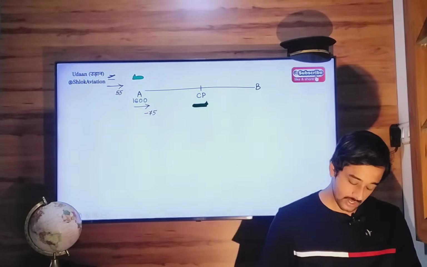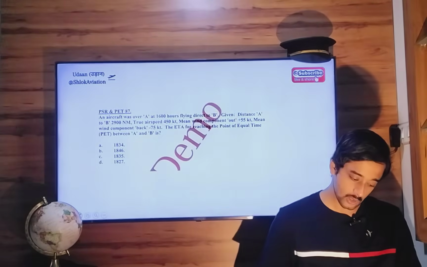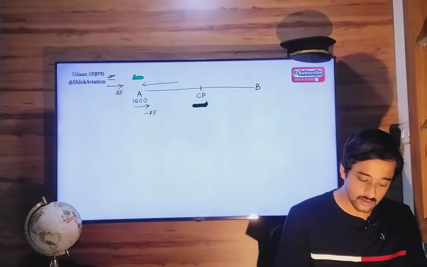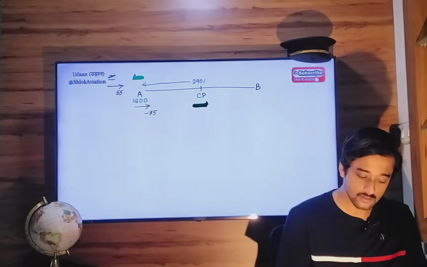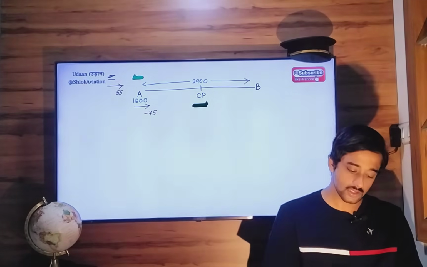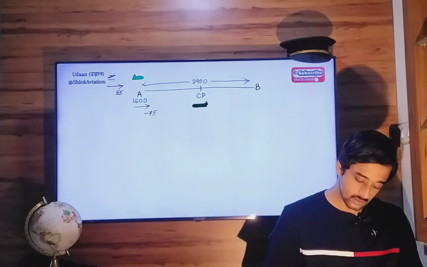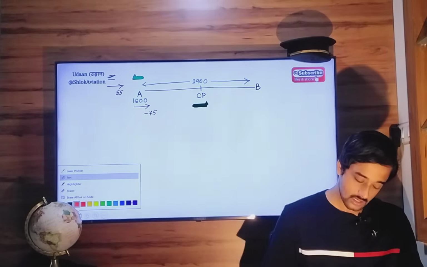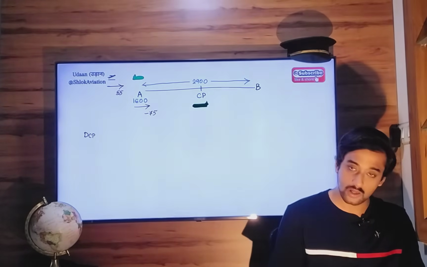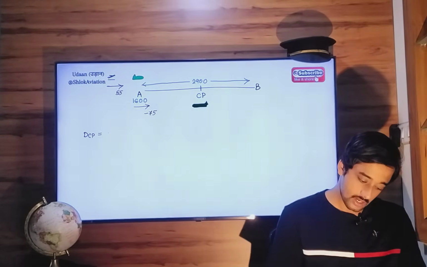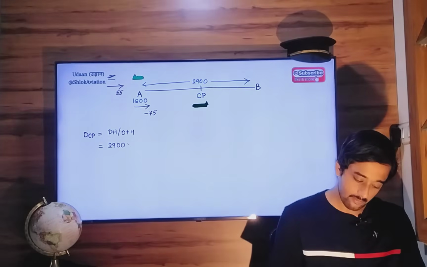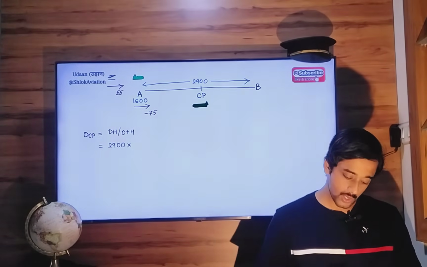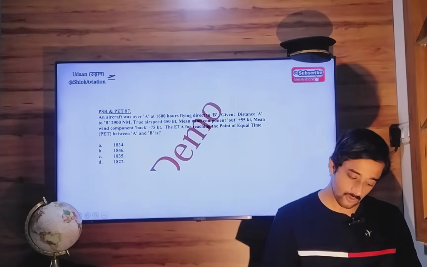The distance between A and B is 2900. Distance to critical point equals DH over O plus H. So 2900 multiplied by... Now, the true airspeed of your aircraft is what? It is 450.